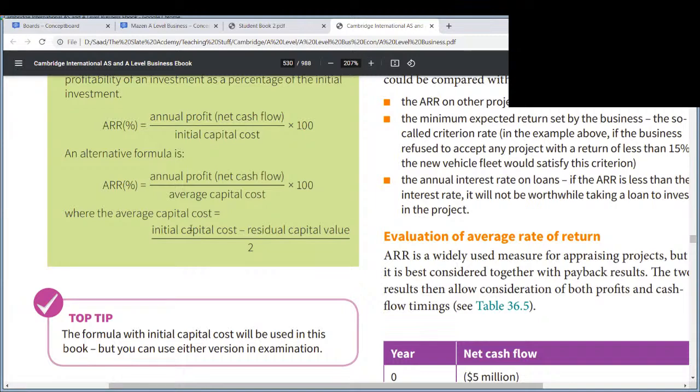So you do 500,000 minus 100,000, which is available at the end, because this will be reimbursed when you sell that machinery at the end of the project. It's of no longer use to you. The average of the two values, 500,000 minus 100,000 divided by 2, will be 200,000 in this particular example that I just verbally gave you.